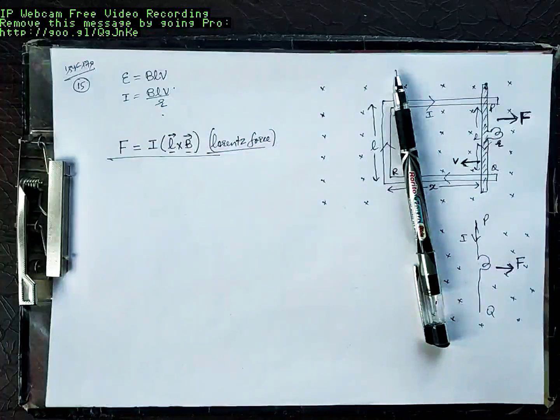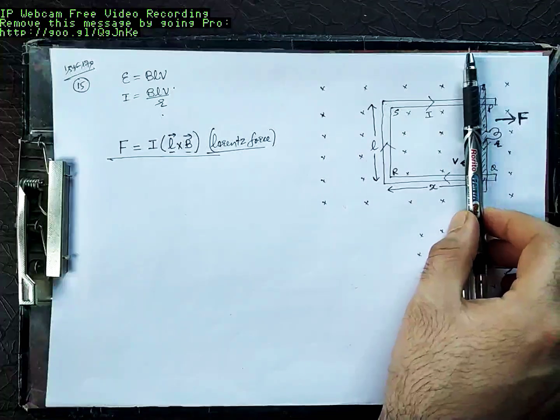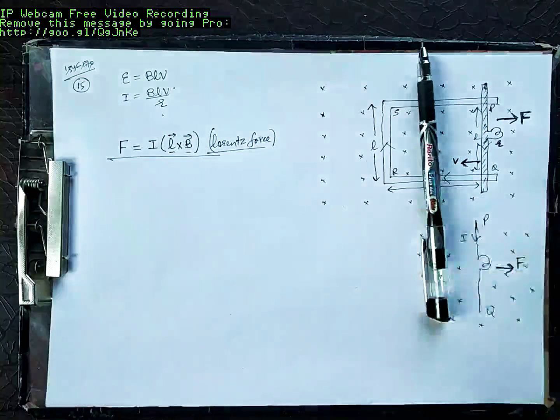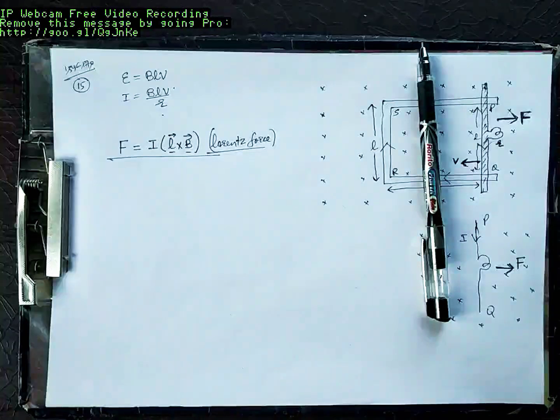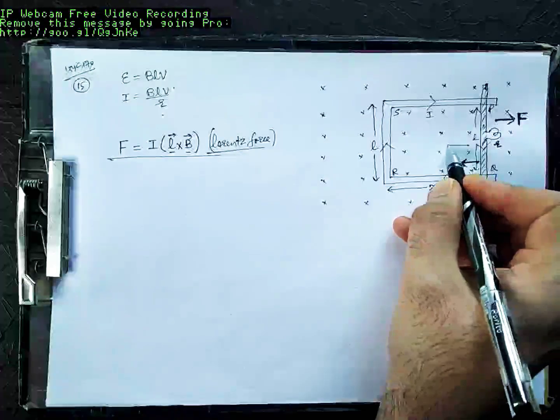So if you want to keep this conductor PQ continuously moving towards left, you will have to use an external force to push it in this direction.